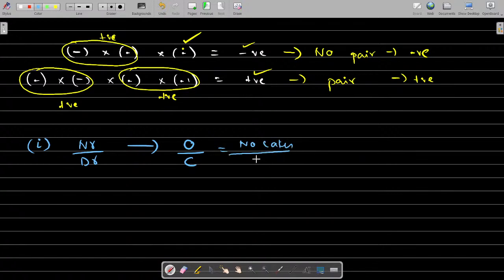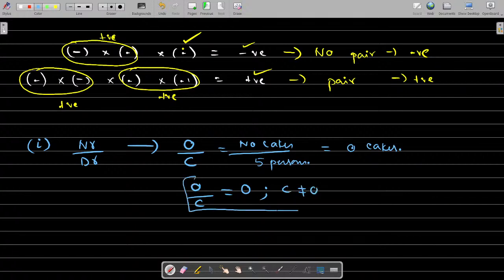Denominator, 5 persons. How many cakes will a person get? 0 cakes, because no cakes at all. So 0 by C, where C is any number, will be 0 only. But you have to make sure that C is not equal to 0.